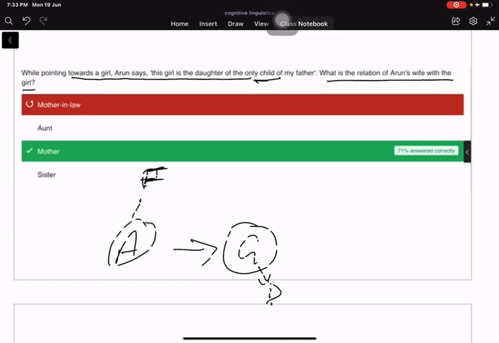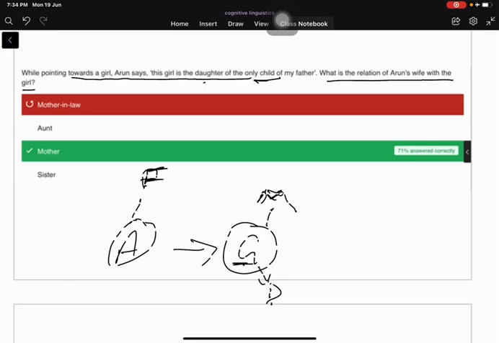So here is Arun. Let's imagine a situation where Arun looks at a girl and says, this girl is the daughter. So she has a mother.